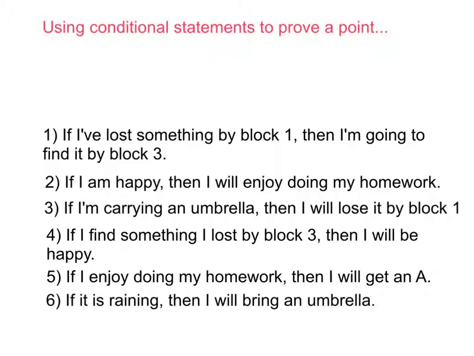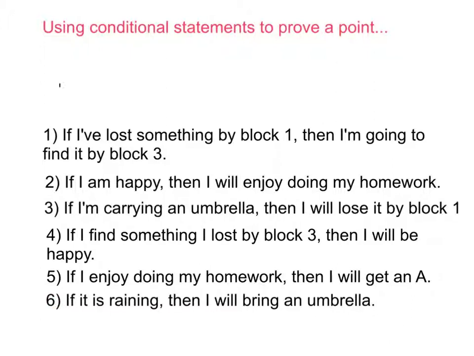Now in geometry, what we do is we use a set of conditional statements or a set of truths, and we organize them to prove a point. So down here what I have is a set of conditional statements. You can see the ifs, see them all in a row, and a bunch of thens. What we're going to do is organize all of these conditional statements so that we can prove a point. Let me give you an example of what I mean.